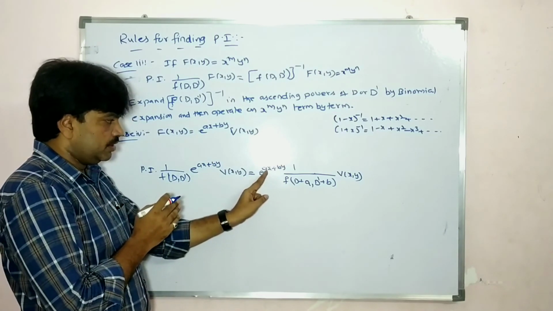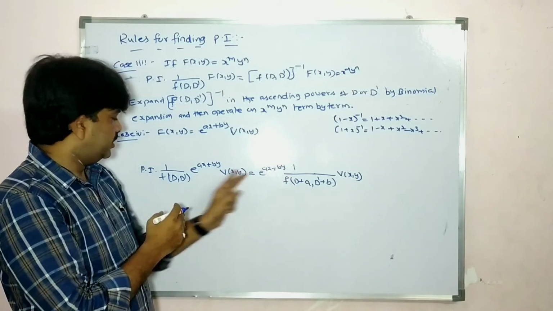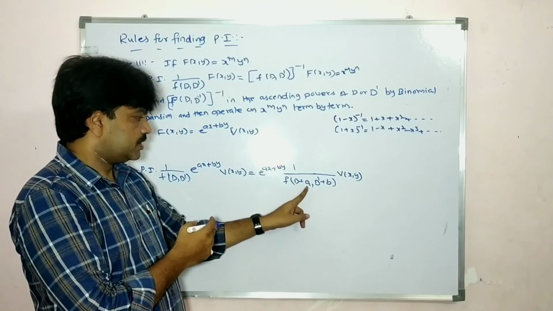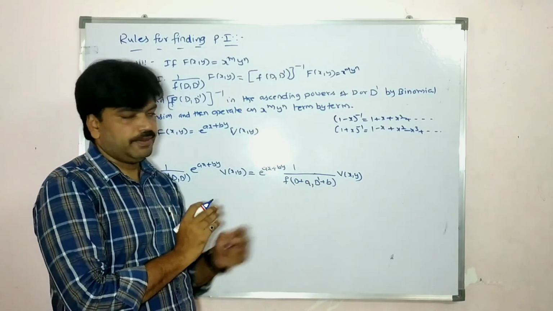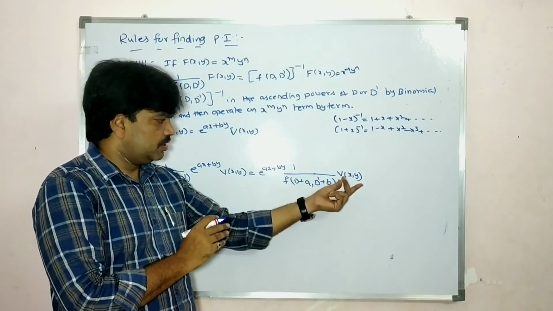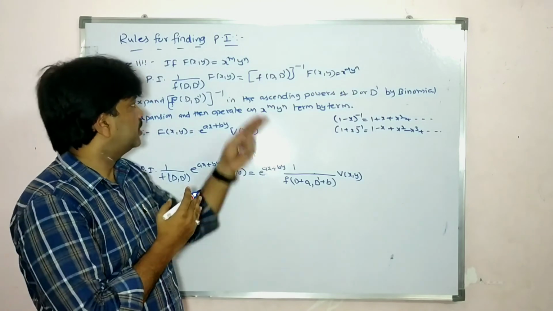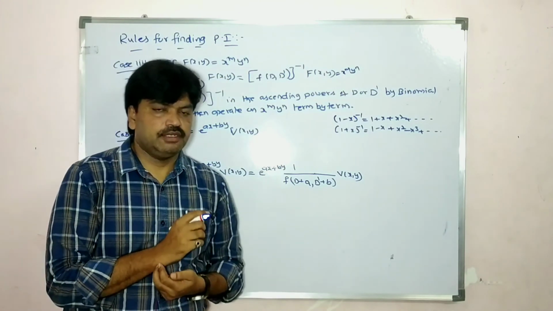You write e power (ax plus by) on the left-hand side of 1 by f of D, D dash, and then you replace D by D plus a and D dash by D dash plus b into V of x, y. If V of x, y is a trigonometric function, we know the procedure. If it is x power m y power n, we know the procedure to find the particular integral.